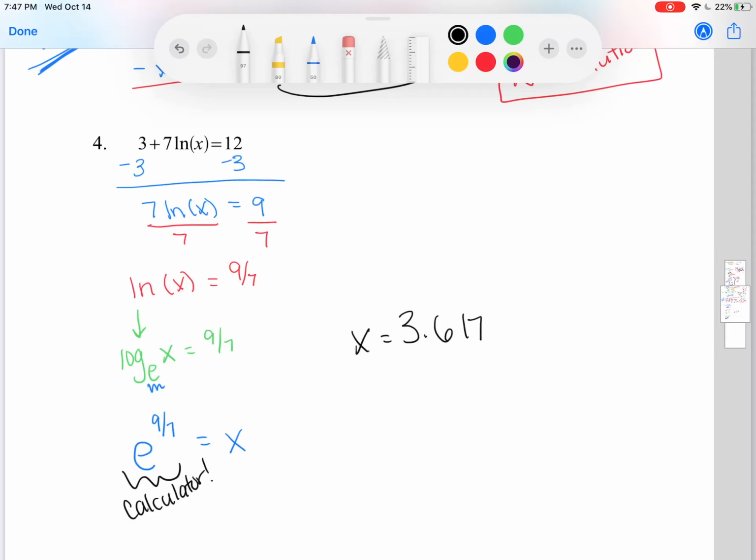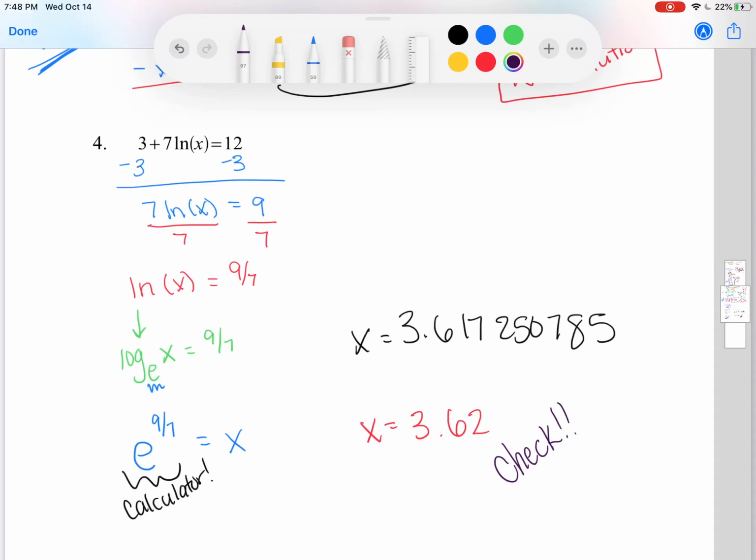And when you do that, you will get the answer, x equals 3.617250785. That's a long answer. Remember, when you get to your final answer, you're allowed to round, and we're going to round to the nearest hundredth. So we're going to choose 3.62.